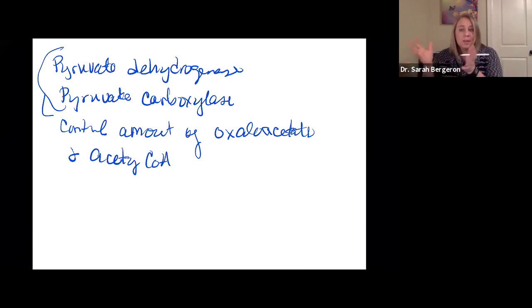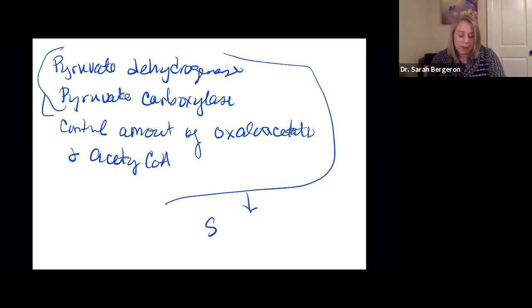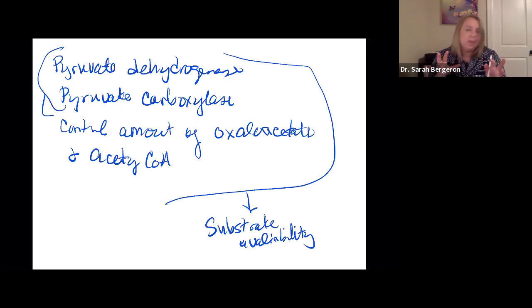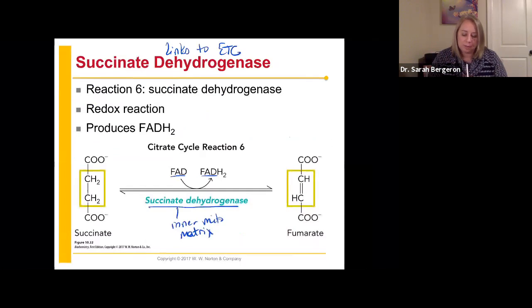So these are enzymes that we can regulate in order to alter substrate availability. So these technically are classified under substrate availability. Okay, so you just kind of keep those in mind, even though enzymes regulate them. If we regulate these two enzymes, we're regulating substrate availability.